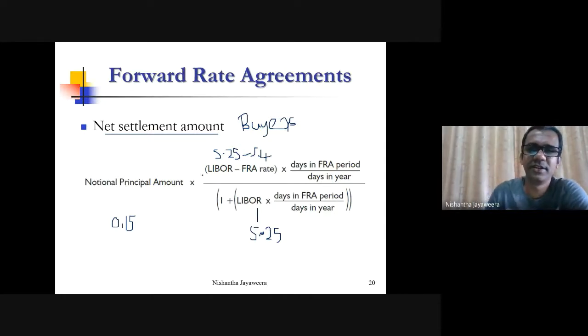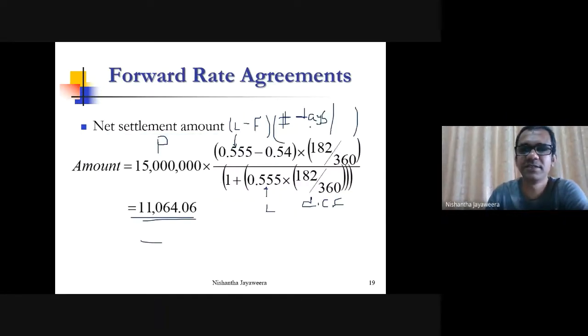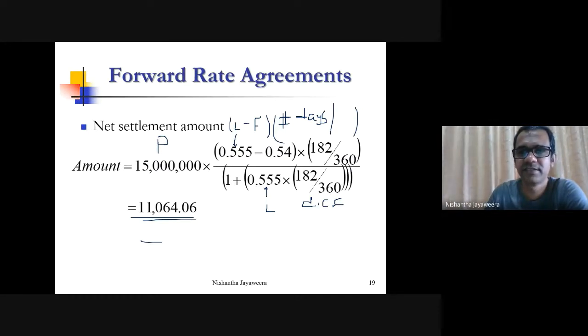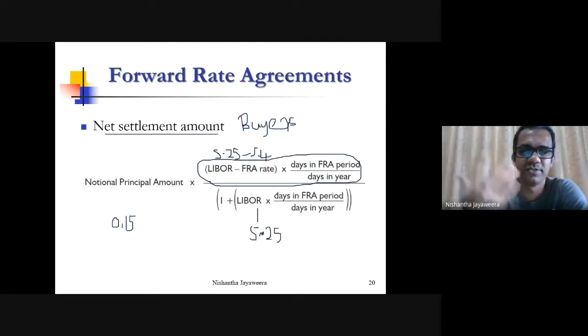The numerator amount here won't change. It will be the same. But in the discount factor, this is low, 5.25. So the same amount you discount at the lower rate, you get a higher amount. So when the interest rate is low, the present value is high.